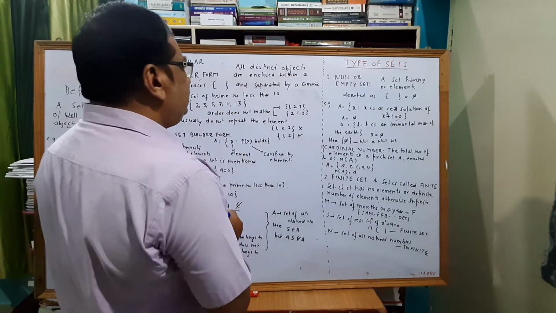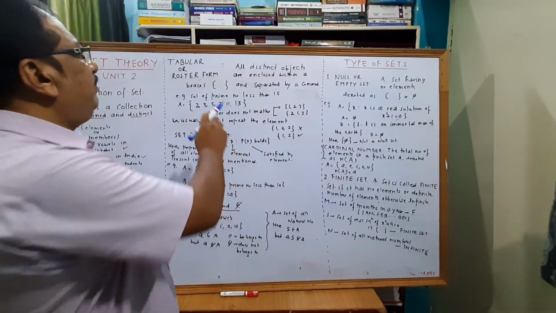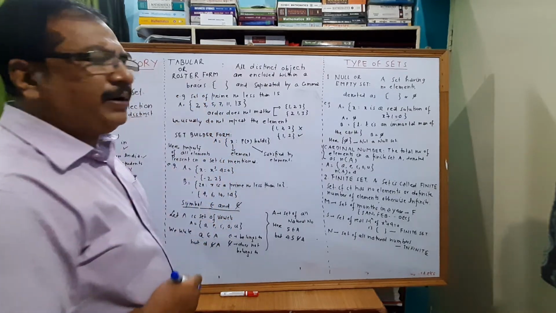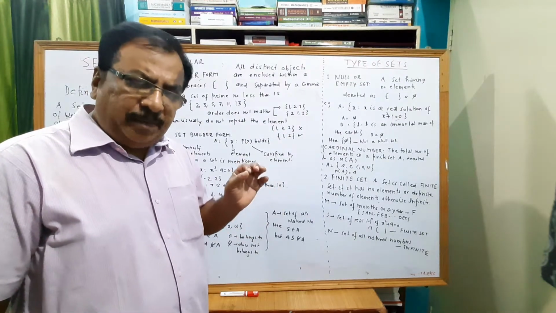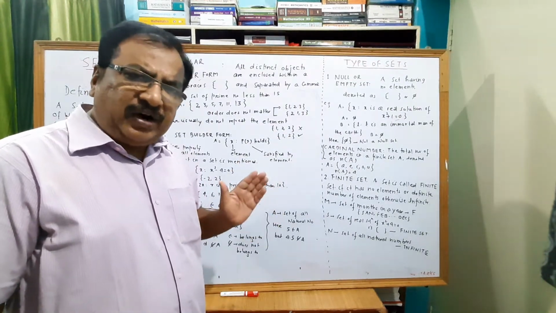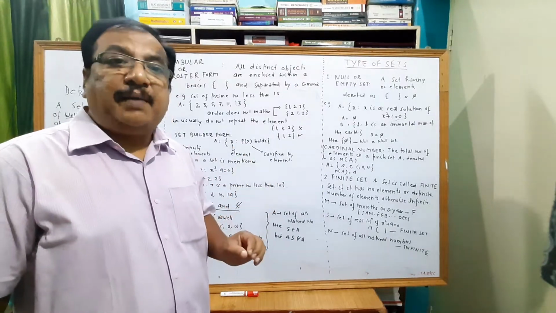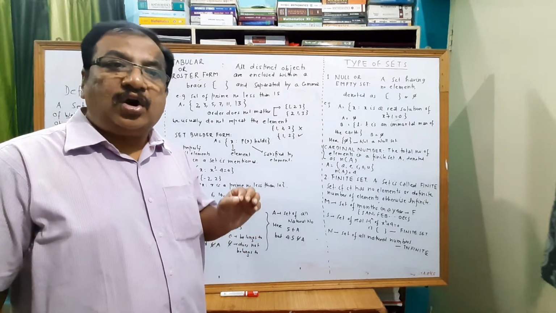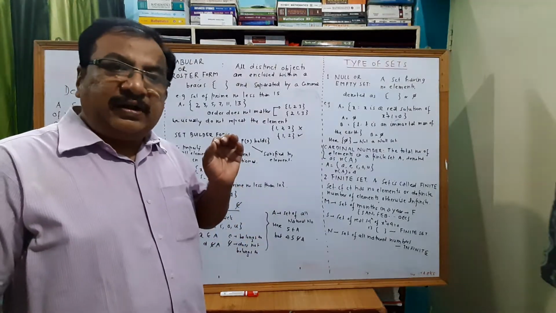All distinct elements are enclosed within braces and separated by commas. The word distinct is also used in the definition of a set. Distinct means elements must not be repeated, and repetition of elements does not impact the set.